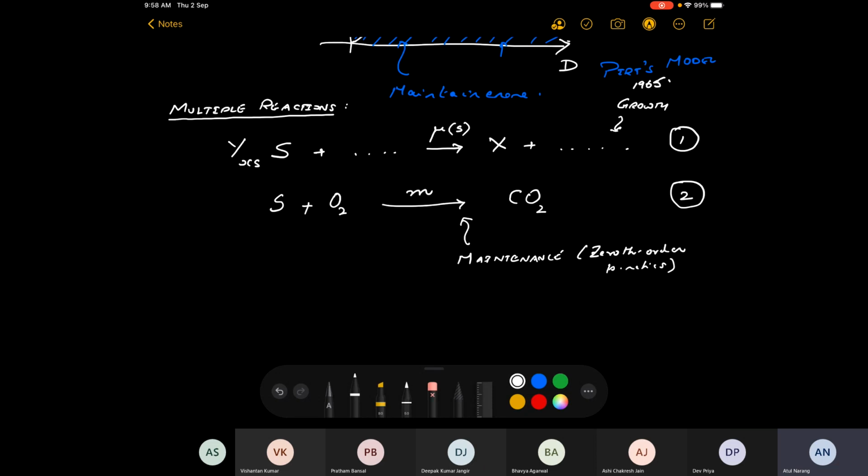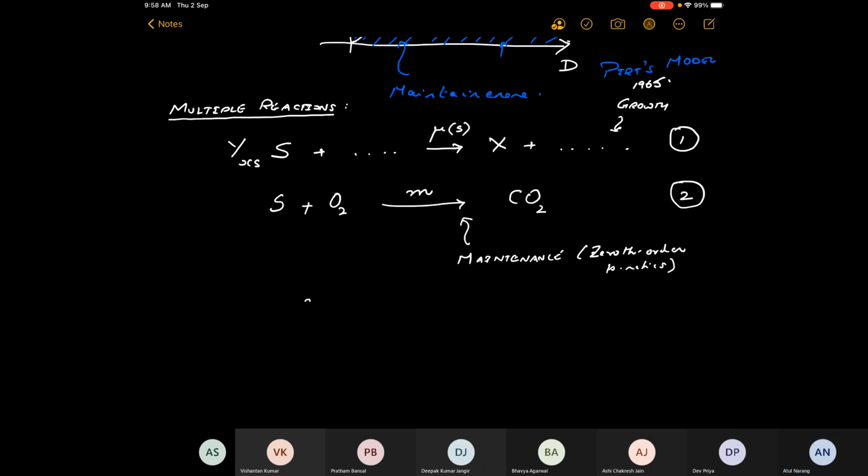So m has units of grams of substrate consumed per gram dry weight per hour.